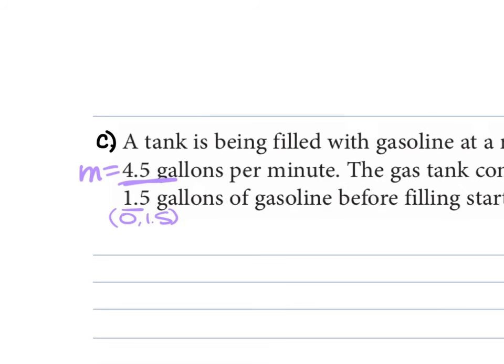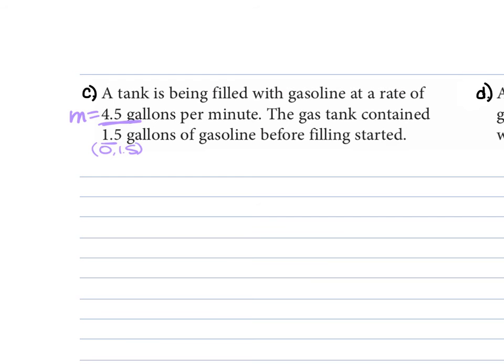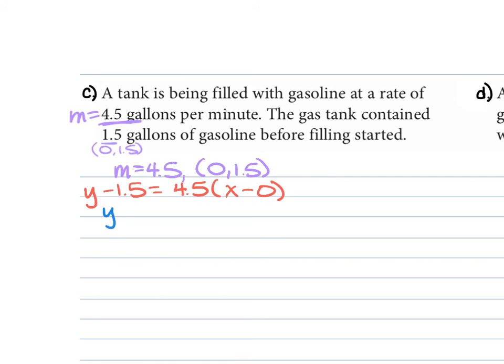So our slope is 4.5, and the ordered pair that we're working with is 0, 1.5. So plug this in. y minus 1.5 is equal to 4.5 times x minus 0. The x minus 0 is just x, so this is y minus 1.5 is equal to 4.5x.